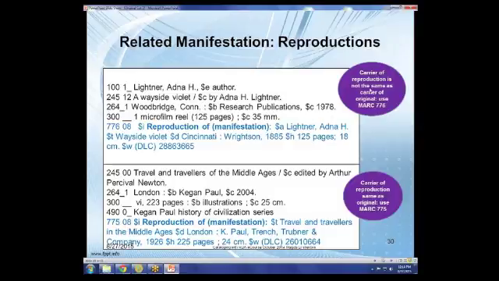Now, in RDA terms, the distinction here is that field 776 is used when the carrier or physical form of the reproduction is not the same as the original. For instance, a book that is reproduced on microfilm.